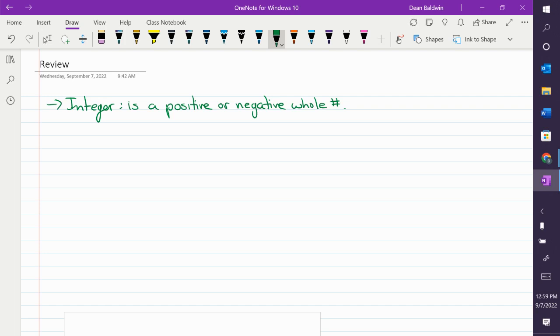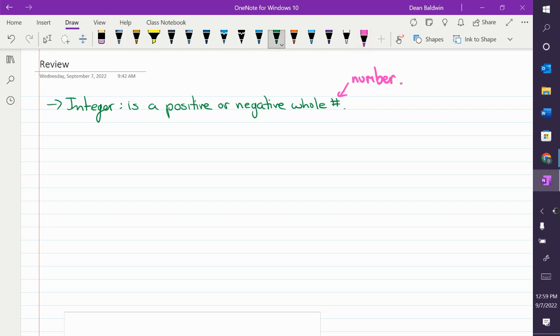So I'm lazy, so I invent my own shorthand. The pound sign for me represents number. So integer is a positive or negative whole number. That's the way I will write it. The pound sign, for the first time I'll say, this means number. Okay? So positive or negative whole number.